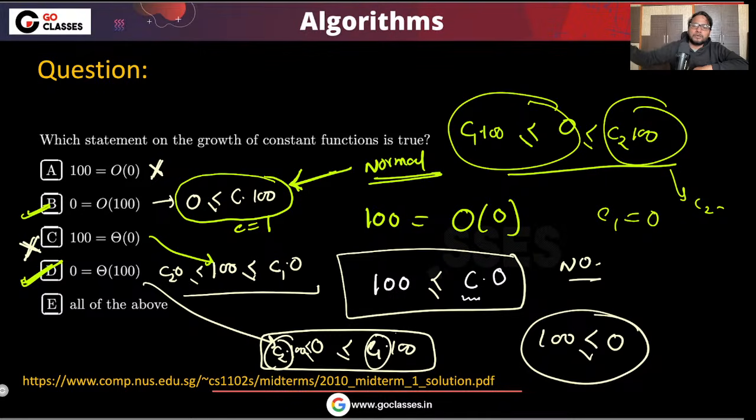Okay. Cool. So Subham is saying, sir, how can we take C as 0? If we can take C as 0, then no matter which function we take, it will always be less. Okay, so let me just clarify this.